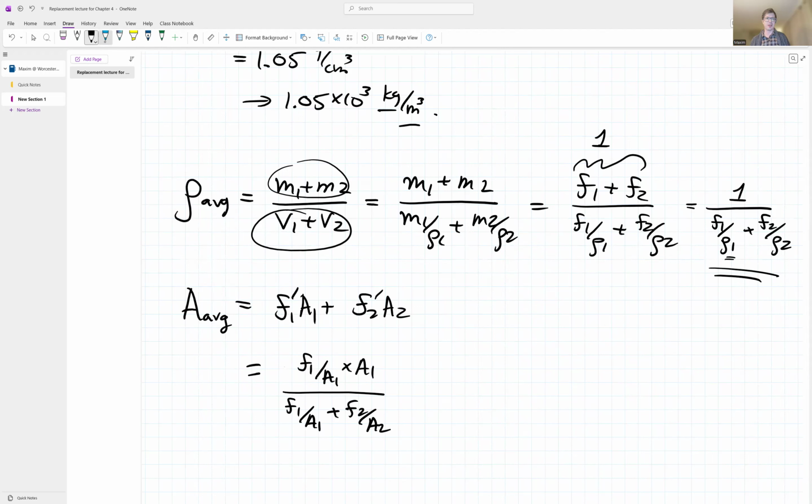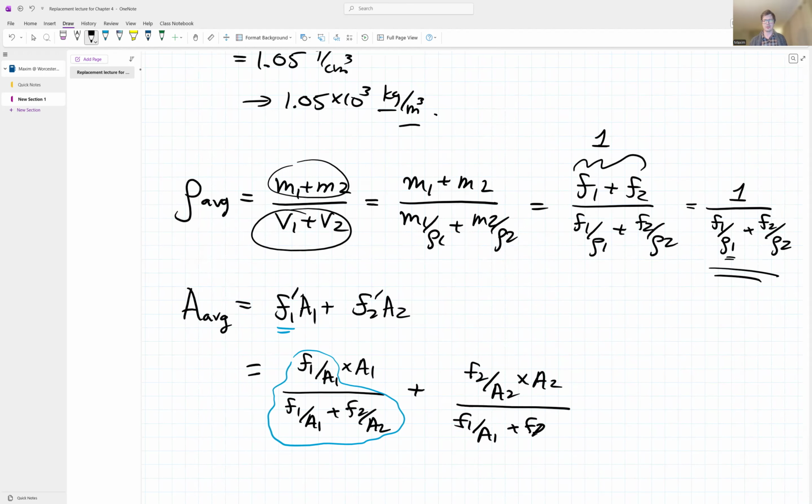This is just rewriting F1 prime as this part. This is the conversion formula. And then the other part is F2 over A2 times A2 over, same thing, F1 over A1 plus F2 over A2.